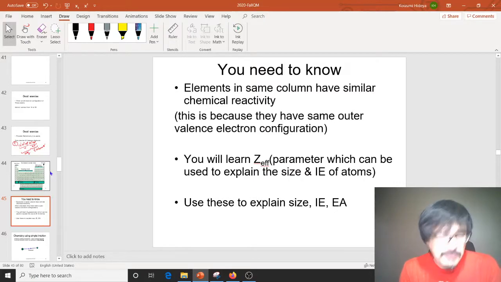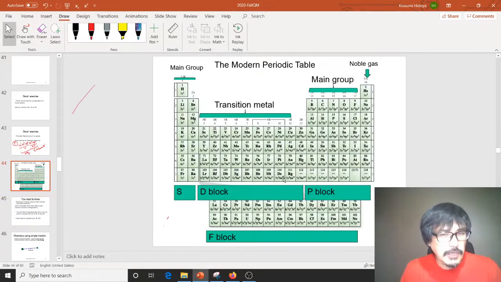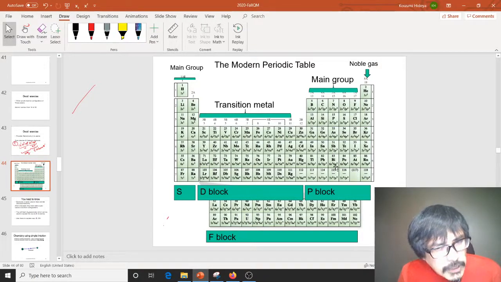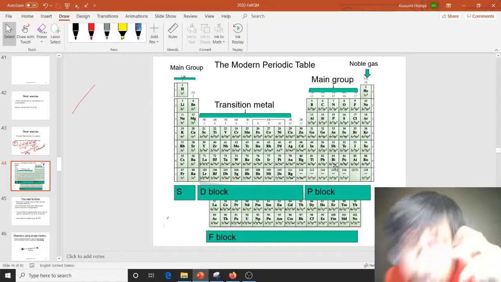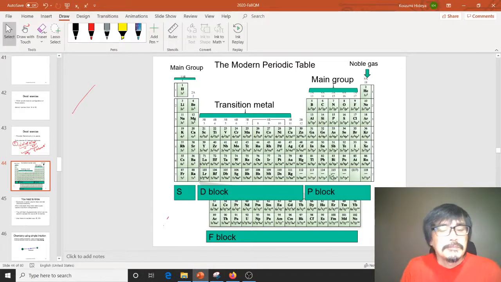Now, the main reason the periodic table is useful is that any of those atoms in the same column, for example N and P and As and Sb and Bi, I can't really see what this is. It's a Bi, yeah, Bi. All of these react the same way. And if you take a look at their electronic configurations, they should be fairly similar to one another, right?